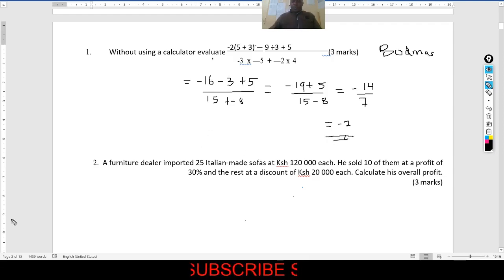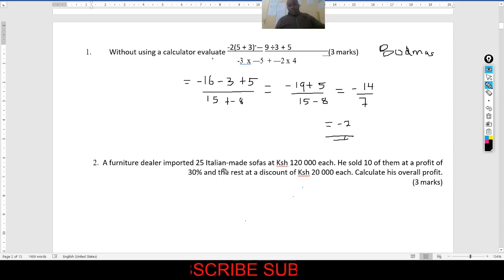Question number 2. You are told that a furniture dealer imported 25 Italian made sofas at 120,000 shillings each. So what was the buying price?